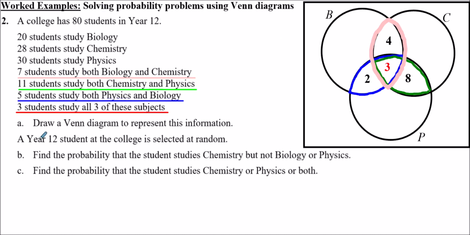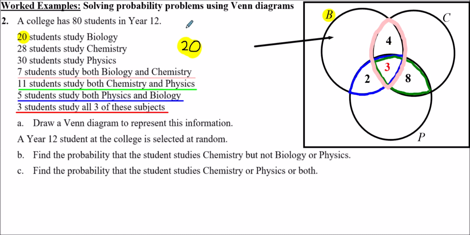So now it says 20 students study biology. So biology is anything inside this B circle here. Okay, so we've got 4, 3 and 2 so far. This total needs to be 20. So over here, what we need is going to be 20, because 20 students study biology, minus 2, 3 and 4.